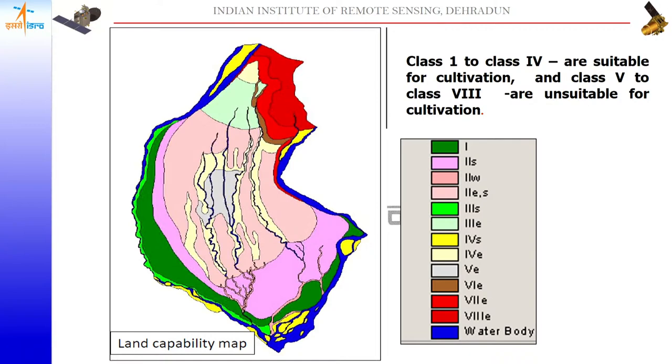It is for the forest or whatever it is, you leave it like that. Here you see this color, it is showing capability class 2, but it has the limitation of E. E means erosion. So we can generate this land capability map from the soil map, and the soil map we can derive from the remote sensing data.